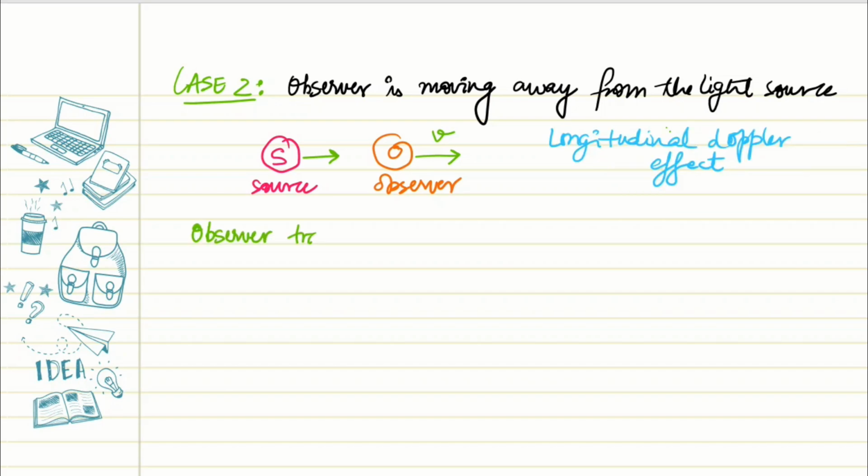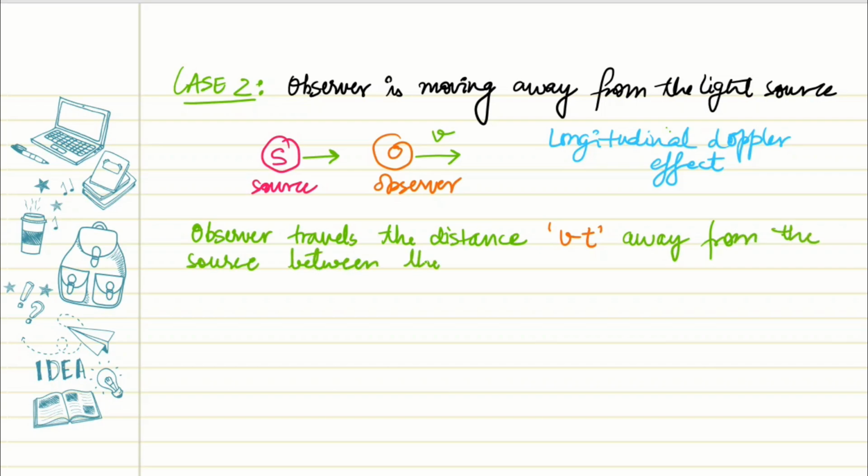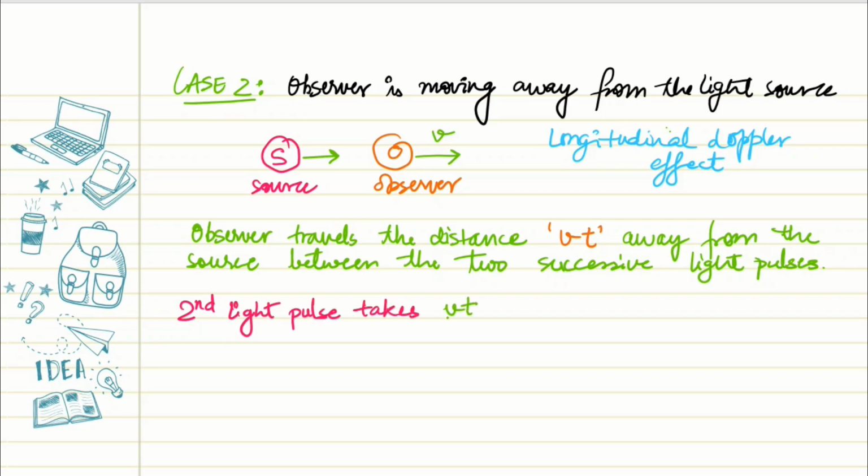The observer travels the distance vt away from the source between the two successive light pulses. The second light pulse takes vt over c longer to reach him than the previous one.